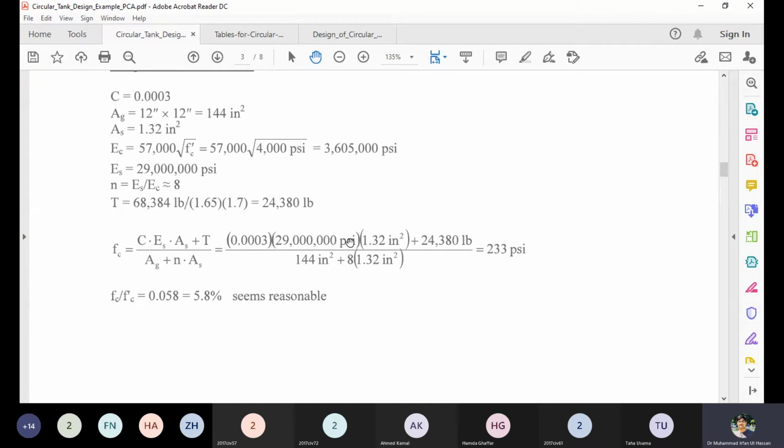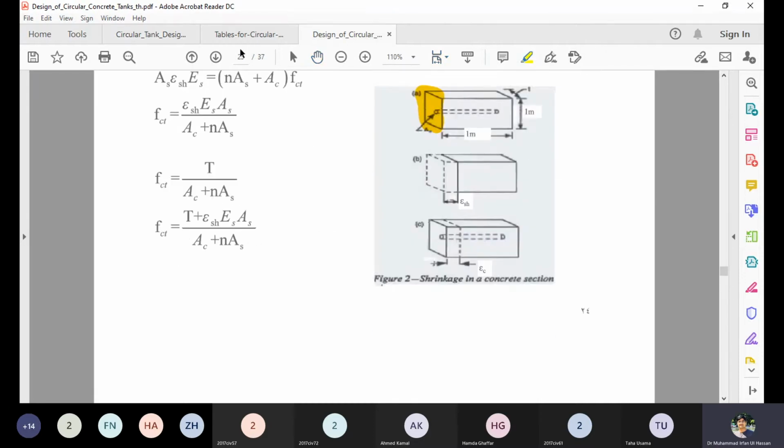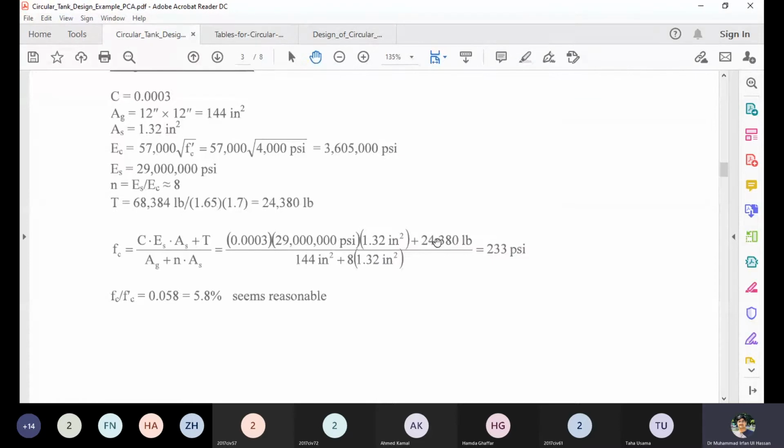Now put down the values in the formula of C, Es, As plus T, the same formula written here, the last formula on this slide, to find out the limiting tensile strain in the concrete. So it comes out to be 233 psi, whereas our limiting value is 400, because 10% of fc' is given as 4,000, so 10% of fc' is 400.